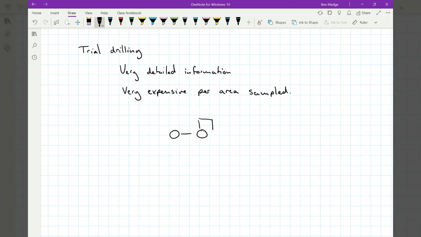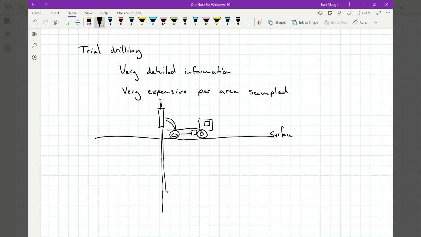And these can be extremely large bits of equipment, so very difficult and expensive to move around. You drill down into the Earth's surface. And keep adding like pipes, basically cores, onto your drill bit, and you extract a core of rock that goes as far down as you possibly can.